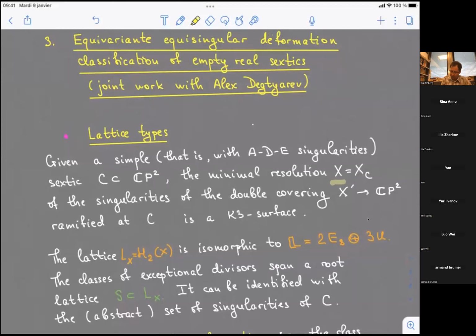And this form is isomorphic to the form, which I denote by L, and this is 2E8 plus 3U.